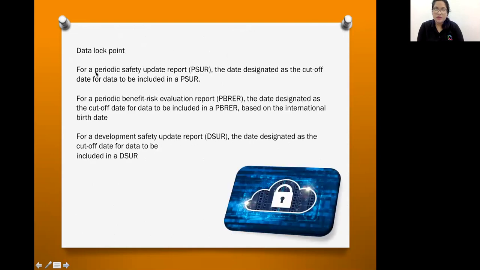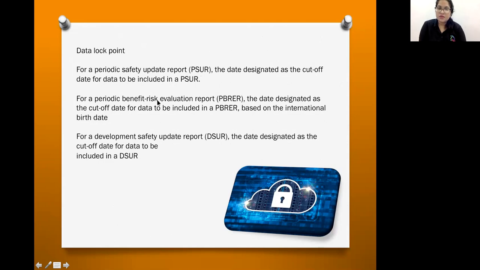And the term data lock point for a periodic safety update report is the date designated as the cutoff date for data to be included in the periodic safety update report. That is an aggregate report that is needed to be submitted. So there are different kinds of aggregate reports. So for PSUR, it is the cutoff date.